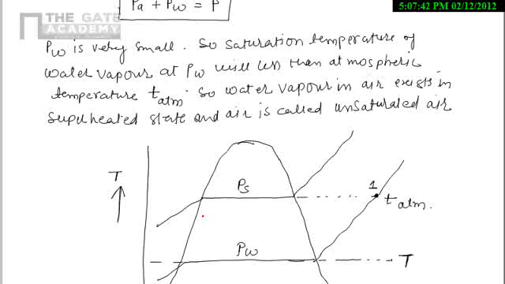So now we are having two important pressures. One is PW, and PS is the saturation pressure corresponding to the atmospheric temperature.